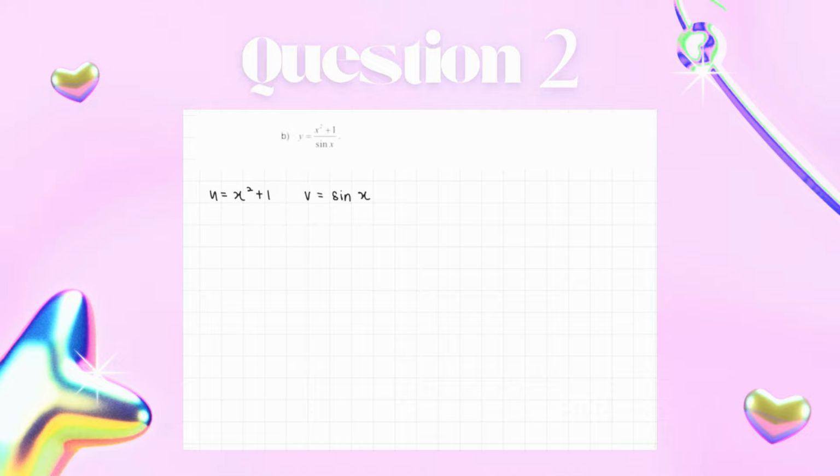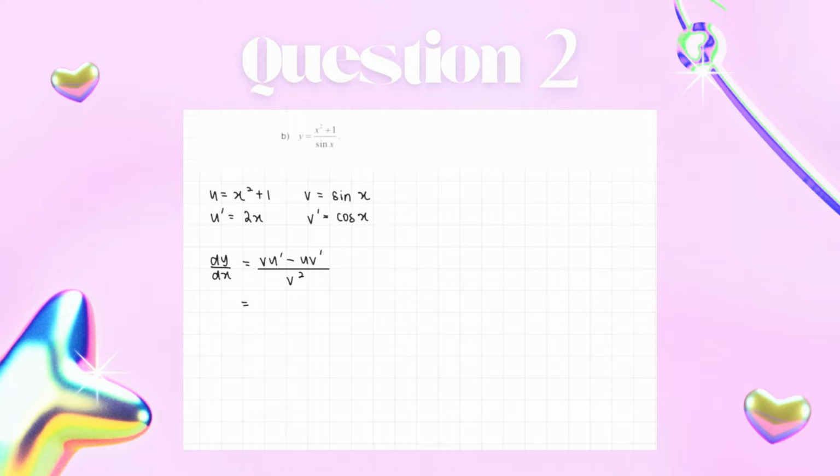The derivative of u is u' equals 2x, and the derivative of v is v' equals cos x. After that, I substitute into the quotient rule formula, which is dy/dx equals (vu' minus uv') over v^2.